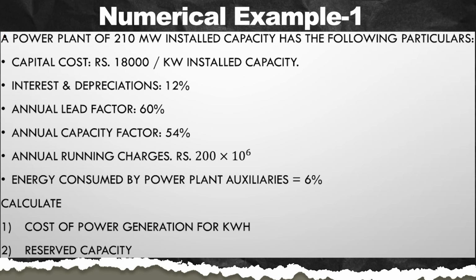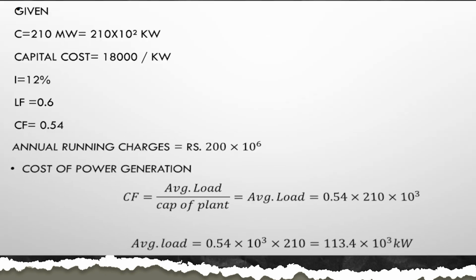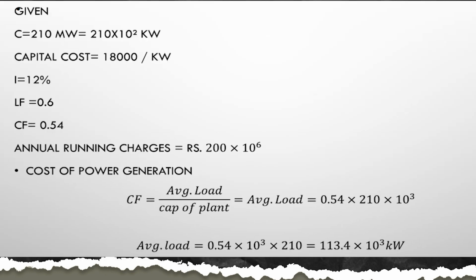Now let us see the given data of this problem. I am writing: C, the installed capacity of the power plant, is equal to 210 megawatt, which I can convert into kilowatt.